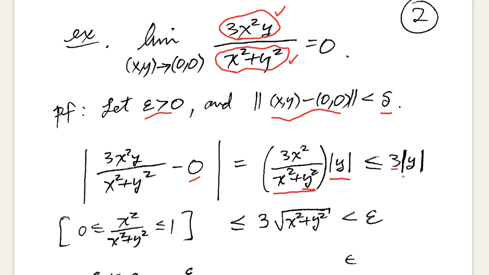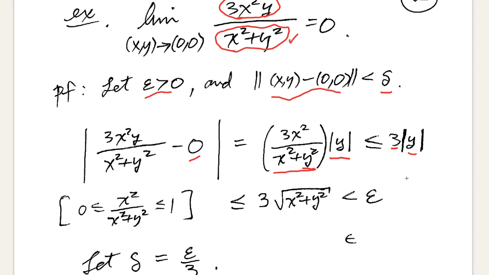Okay, and then we carry out this other factor, the absolute value of y. Here I want to make a quick comment. The absolute value of y, once again, like in a similar example, is less than or equal to the square root of x squared plus y squared. Because don't forget, the absolute value of y is the square root of y squared.